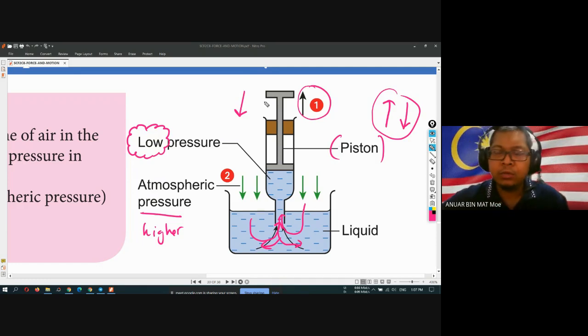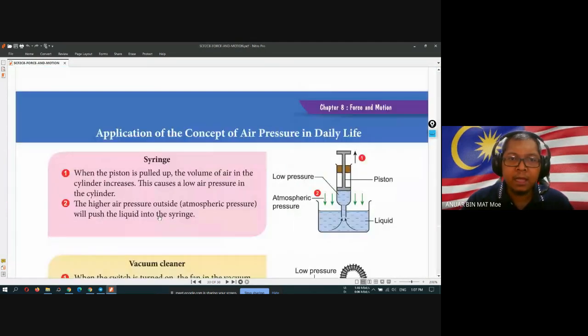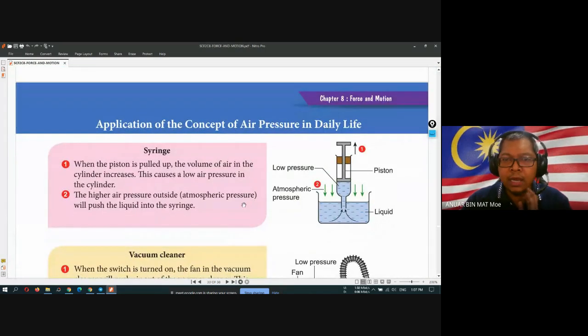Make sure you can identify which has the highest pressure and which has the lowest pressure by the action of the piston. Okay, class? So this is how the syringe works.